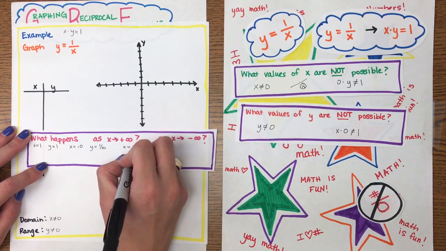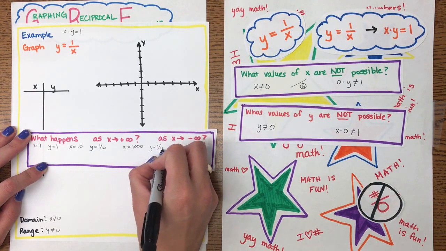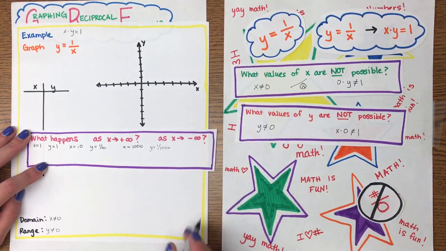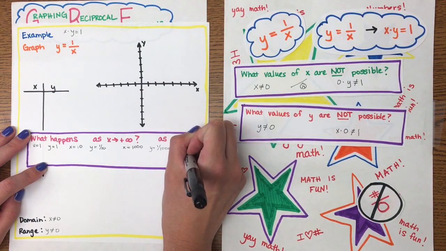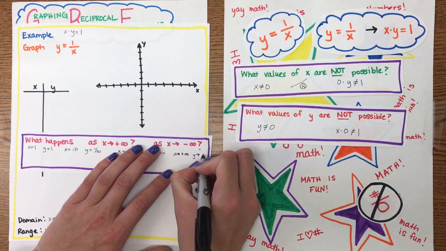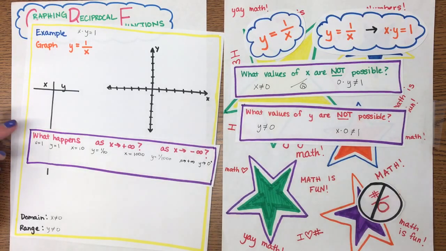If x is equal to 1,000, y is equal to 1 over 1,000. And what you'll notice is these numbers are getting really small, but still positive. So as x approaches positive infinity, y approaches 0, but it's just a little bit positive.